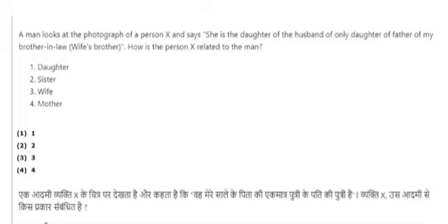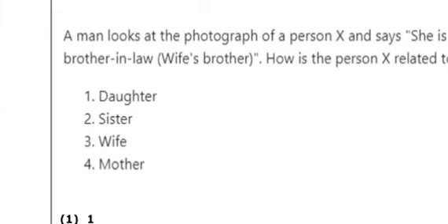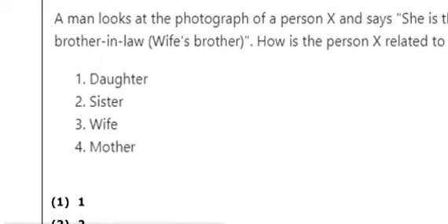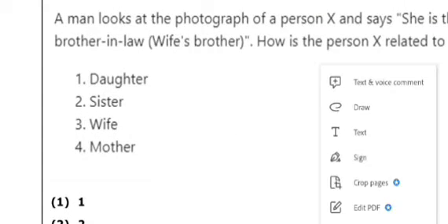A man looks at the photograph of a person X and says, she is the daughter of the husband of only daughter of father of my brother-in-law, wife's brother. How is the person X related to the man? Daughter, sister, wife, mother. So 22. The correct answer of 22 will be option A, daughter.